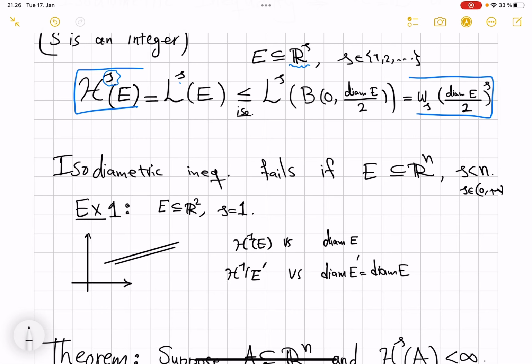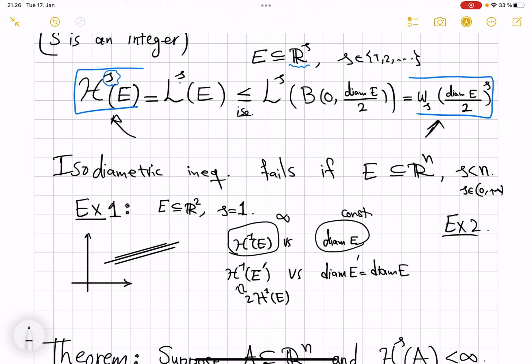But H^1 of E prime is almost twice that of E. And you can do this again and again, adding other parallel lines, even countably many of them. So you can drive H^1 to be very large while keeping the diameter constant. And that means an inequality of this sort cannot hold.